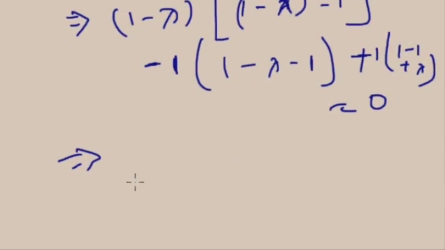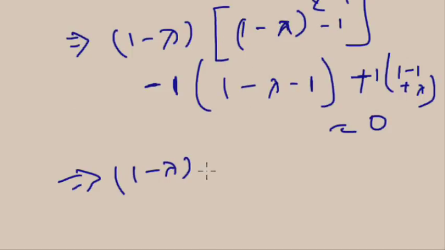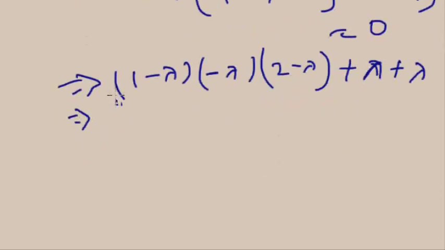So you will get 1 minus lambda is common, 1 minus lambda into, and a square minus b square, you follow this rule. 1 minus lambda minus 1 means minus lambda, into 1 minus lambda plus 1 means 2 minus lambda, and here 1 minus 1 is 0, and minus lambda into minus 1 means plus lambda, and 1 minus 1 is 0 plus lambda. So what is the meaning of this?